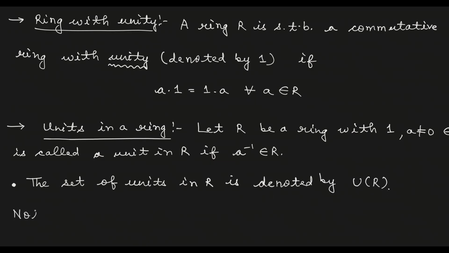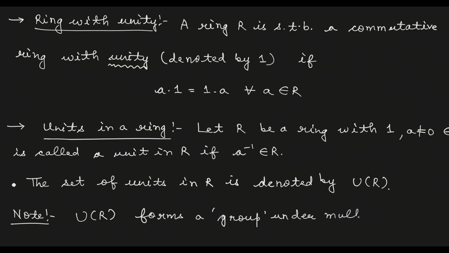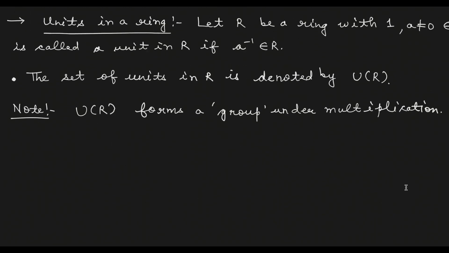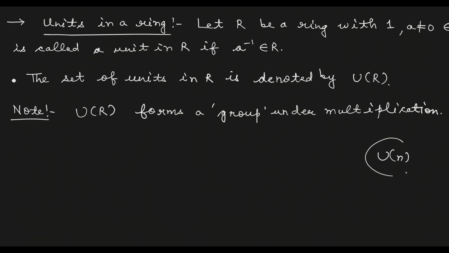Note, U(R) forms a group under multiplication. We have already discussed that U(n), the group of units, forms a group under multiplication. Now we will study some examples of ring.